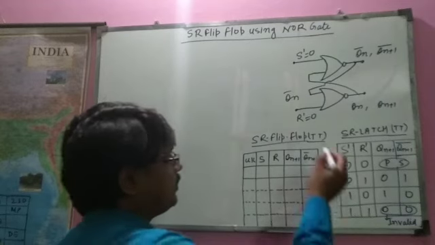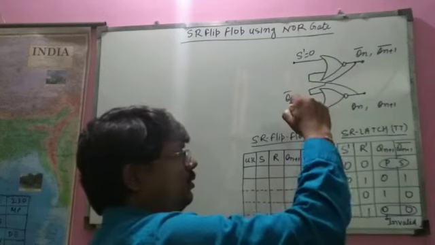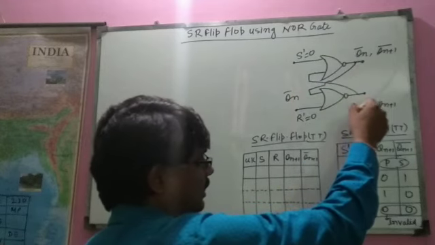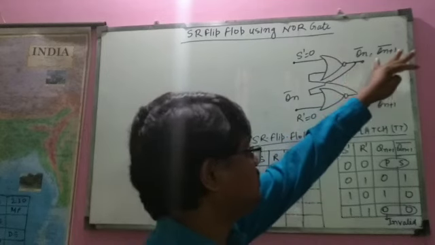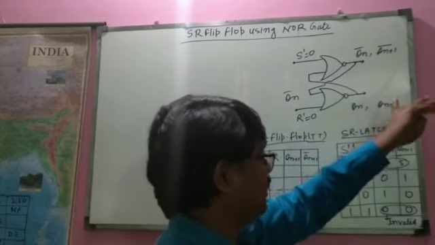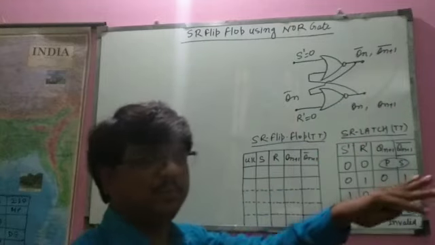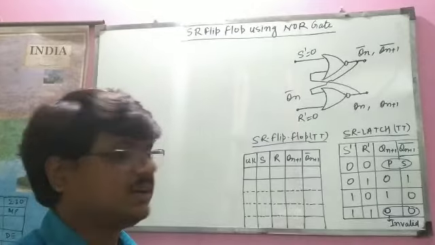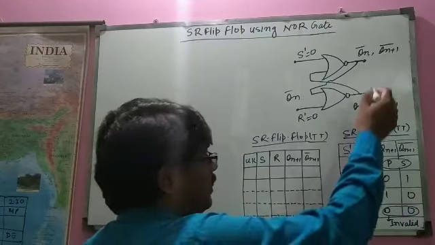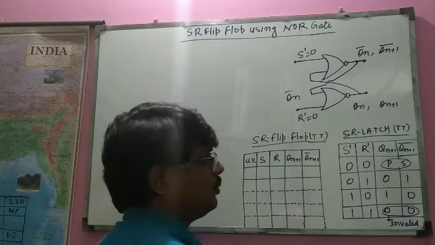Okay, so this Qn bar is the previous output, and this Qn is also the previous output, and this Qn plus 1 bar and Qn plus 1 are the present output. Okay, this is the present output, or you can say the next output. So we are interested to calculate these two.